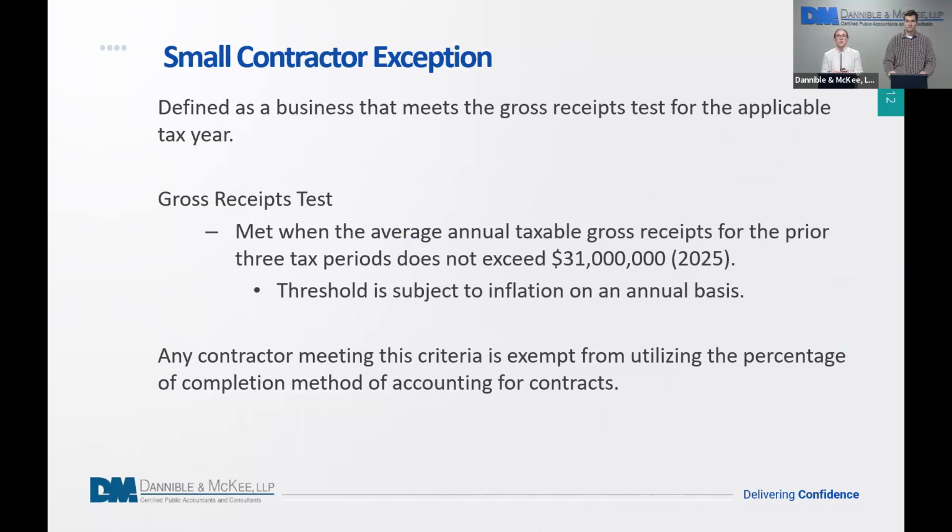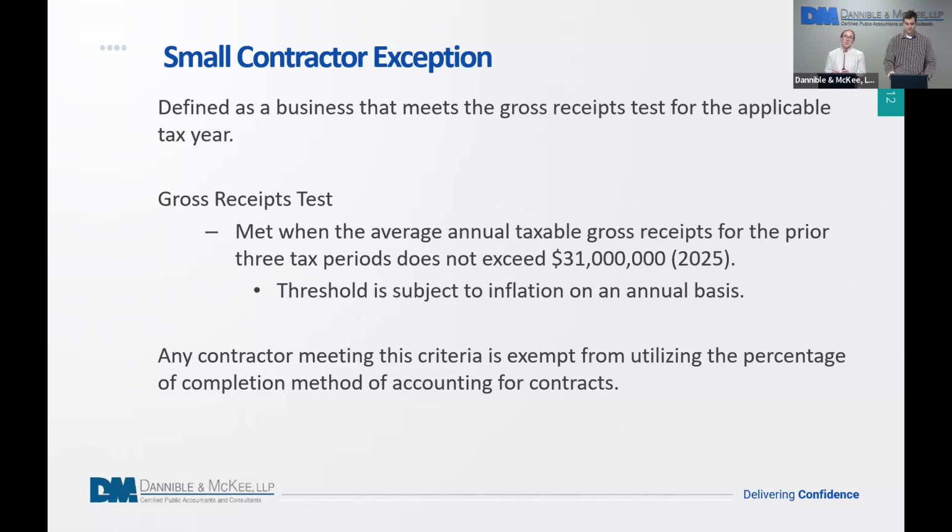The other exception is the small contractor exception. A small contractor is defined as a business that meets the gross receipts test for an applicable tax year. The gross receipts test is used for a variety of limitations throughout the tax law, and you'll see later I'll refer back to it. What it is, we're looking at the average annual taxable gross receipts for a business for the last 3 tax periods.